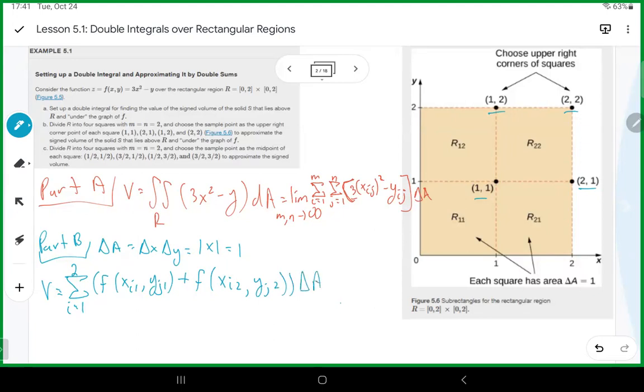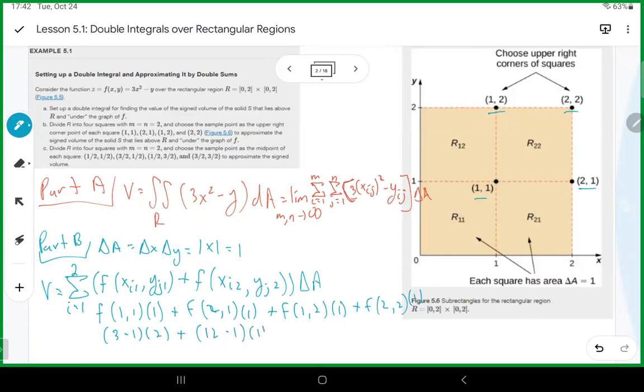Okay. So then we just have to plug in. So f(1,1) times 1 plus f(2,1) times 1 plus f(1,2) times 1 plus f(2,2) times 1 is going to give us (3 minus 1) times 1 plus (12 minus 1) times 1.